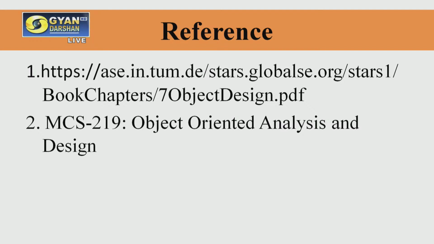And there is the course material of MCS 219, object oriented analysis and design. As you know, object design is one of the units of this material. So visit that course material also, and visit the content available on the net. These will give you a much clearer picture about object design.